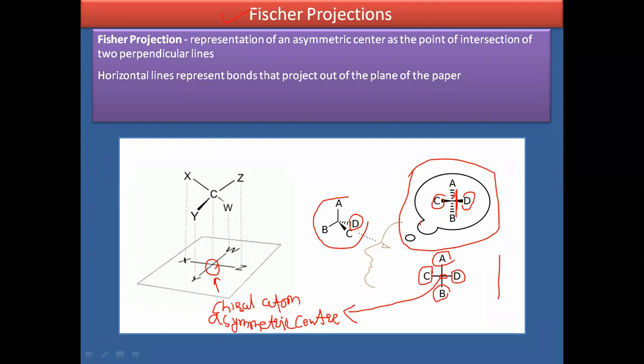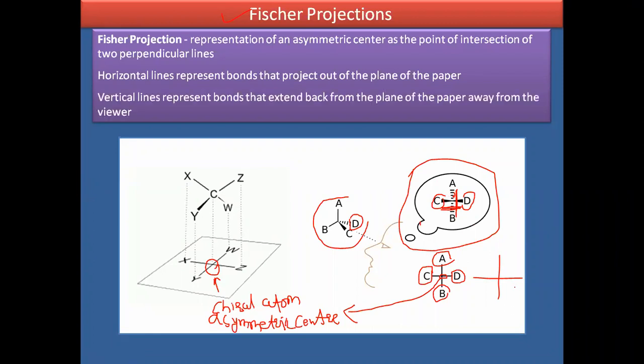Sorry, this one is the vertical line, this one is the horizontal line. In horizontal lines, the particular bonds project out from the plane of the paper, whereas the vertical lines represent the bonds that extend back from the plane of the paper and away from the viewer or observer.